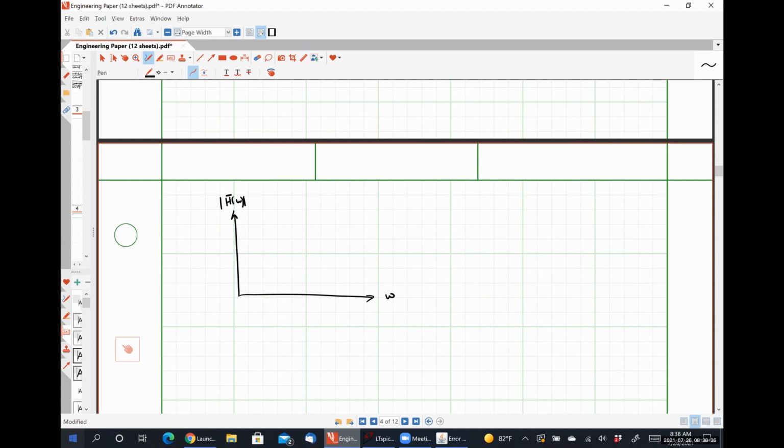Here is frequency. So we're going to have a pass band, something that looks like this, where both of our blue regions are pass band.